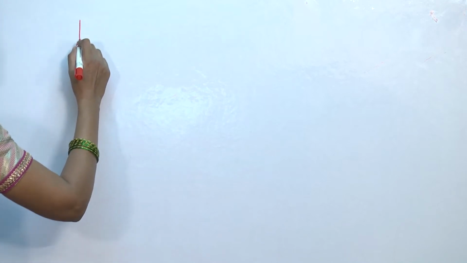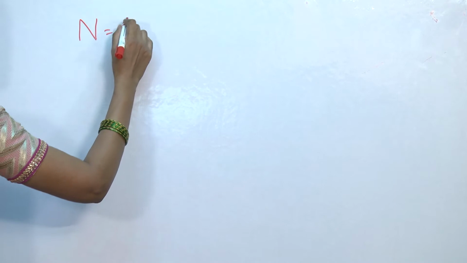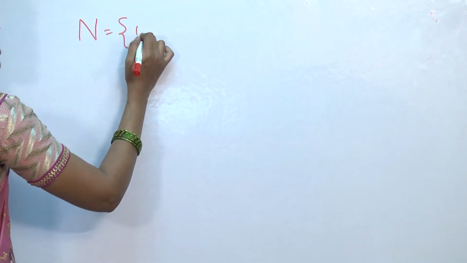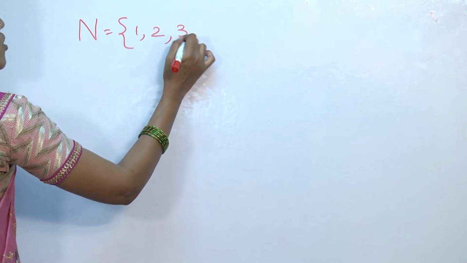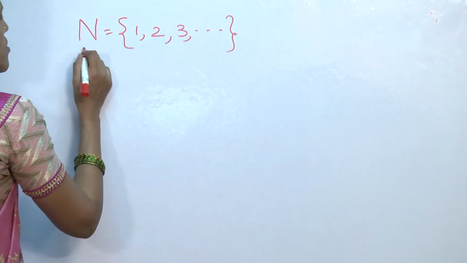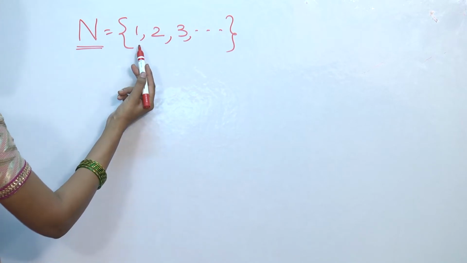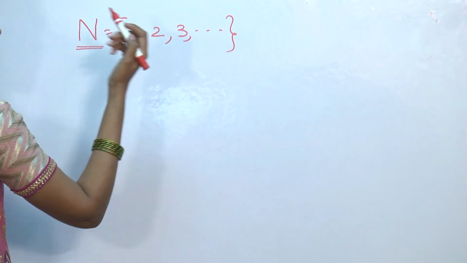As we have discussed earlier, the numbers used for counting objects are called counting numbers or natural numbers. The set of natural numbers is denoted by the letter N and the elements of this set are 1, 2, 3, and so on.